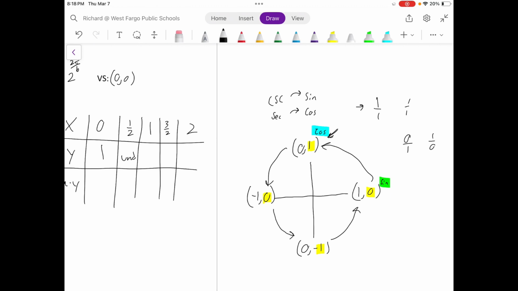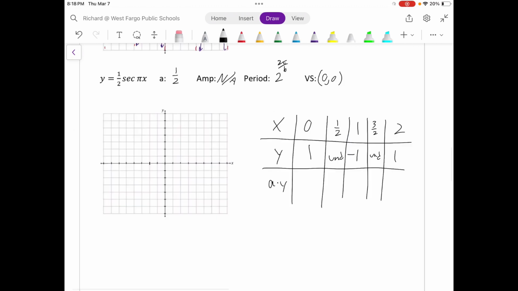Then we're at -1, which following the pattern would just be -1, then undefined, back at 0, and then back at 1. We can then fill out the bottom column by multiplying our y by our a. It's 1/2, undefined, -1/2, undefined, 1/2.